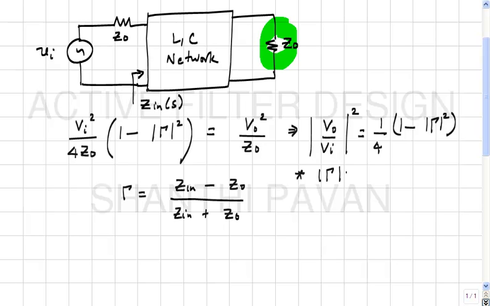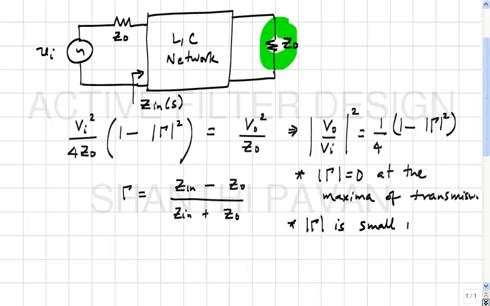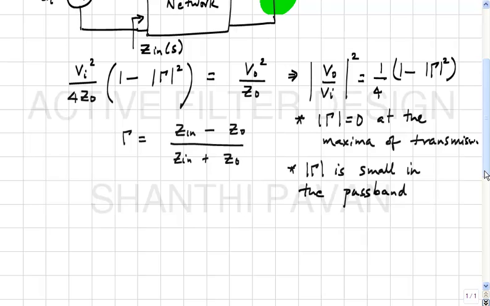Mod gamma, and therefore gamma, is 0 at the maximum of transmission. Similarly, mod gamma is small in where? Either pass band or stop band. What is it? In the pass band. Very good.